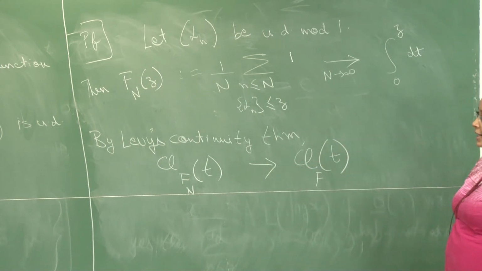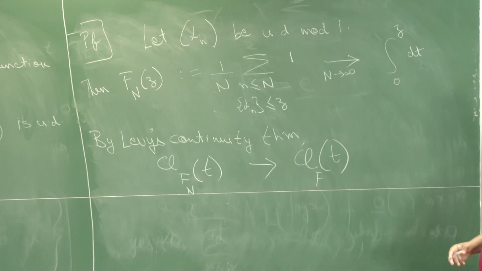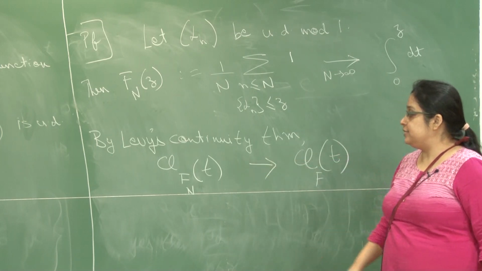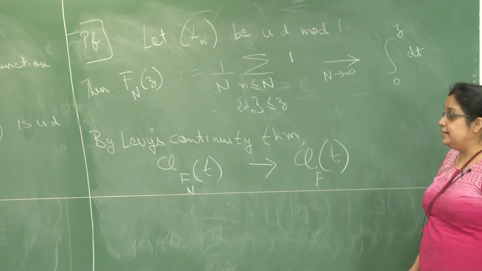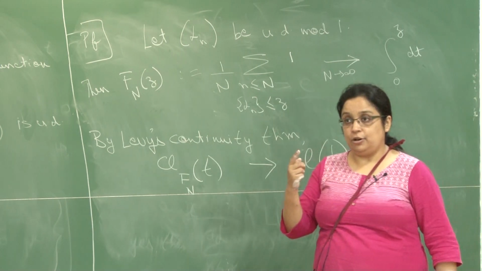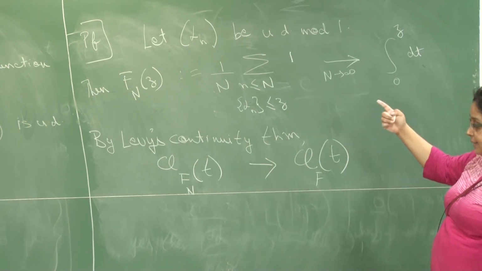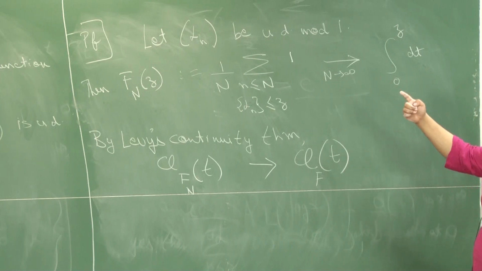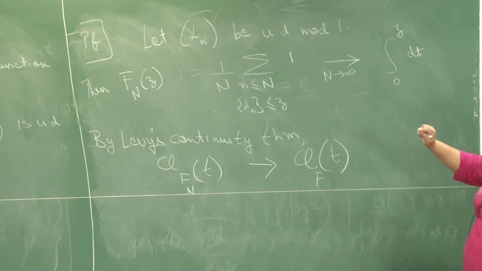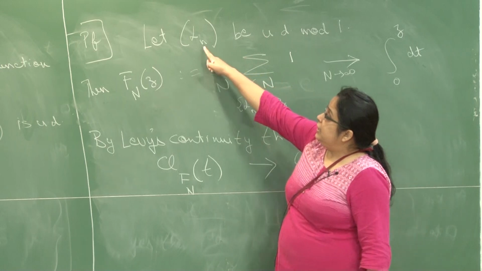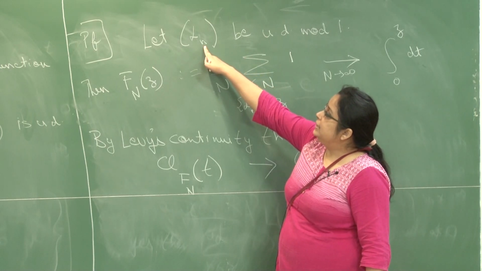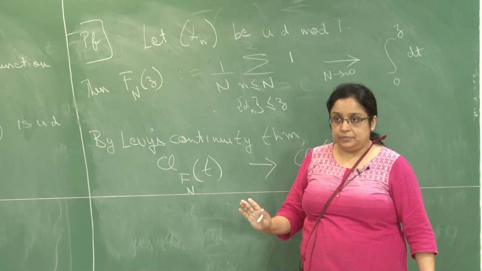But what is this actually? What is the characteristic function corresponding to F sub N? It is the expected value of e to the i t times X sub N, where X sub N is your random variable given by alpha sub n for all the little n's up to capital N.